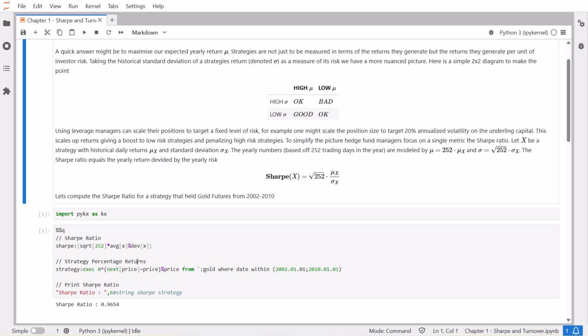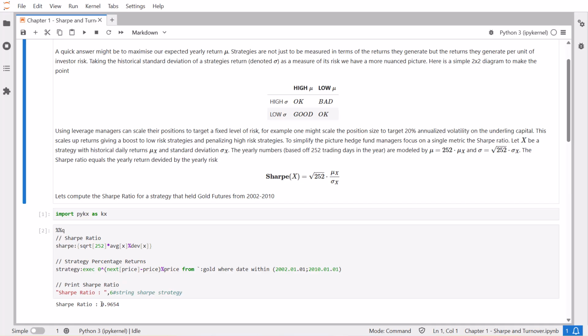So if I compute my daily returns for my gold futures, here I'm taking the data from the gold table where the date is within 2002 to 2010, computing the percentage return, then the Sharpe ratio is almost equal to 1. If I take the Sharpe of my daily returns, I see that I get almost 1.